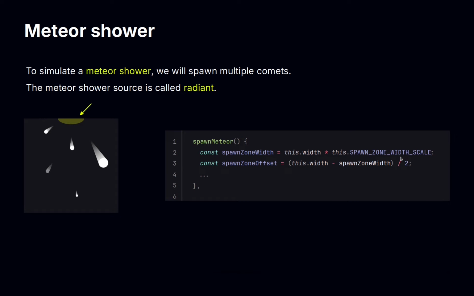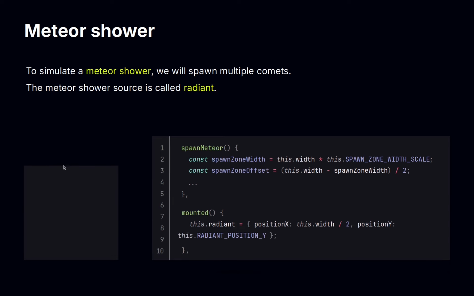If we set the spawn zone width to 50%, for example, then the radiant will be half the size of the width, etc. And after that, we are going to shift or center this radiant in the middle, because by default it will start here if we get 20%, but we want to push it to be centered in the viewport. And this is how we do this. We take the full width, we subtract the width of the radiant, and we divide by 2. This will give us that offset, and that will allow us to center the radiant.